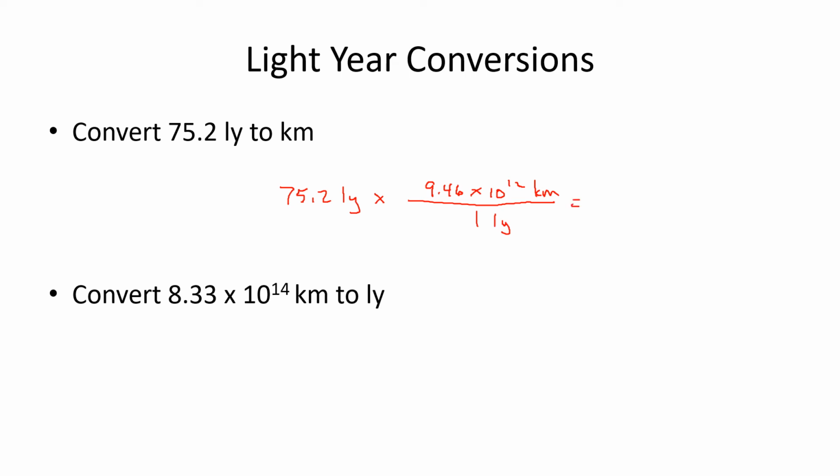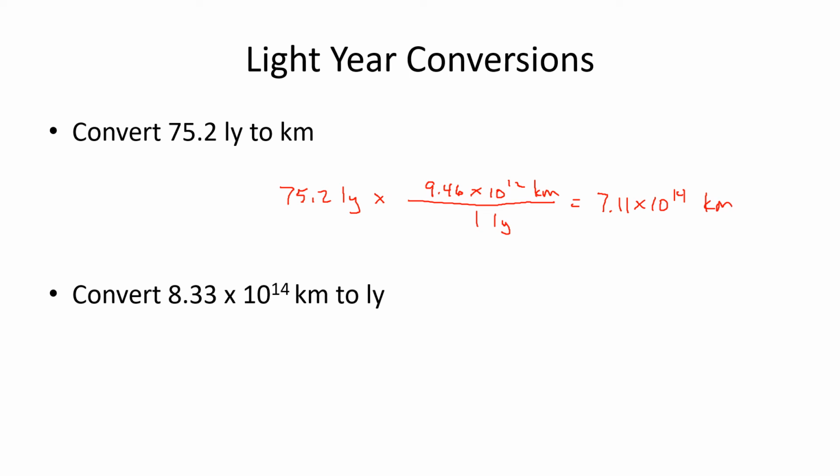And so if we do that, let's see what the old calculator says here, 75.2 times 9.46 times 10 to the 12 equals, whoa, that's a big number. So I got, I guess we'll keep 3 digits, 7.11 times 10 to the 14 kilometers. Wow, that's a lot of kilometers.